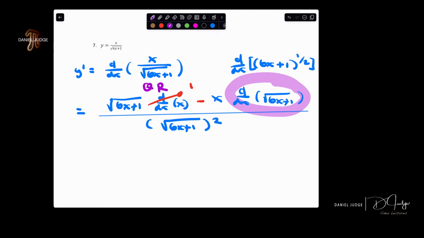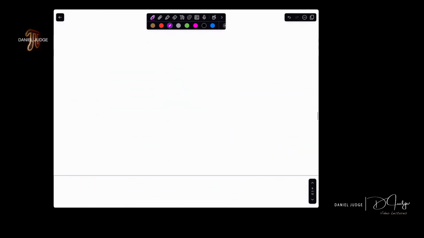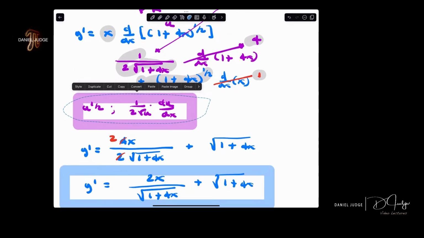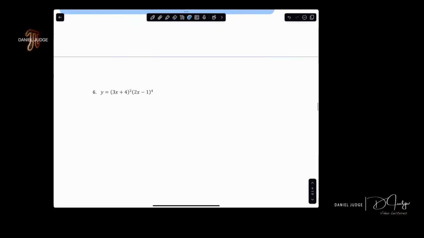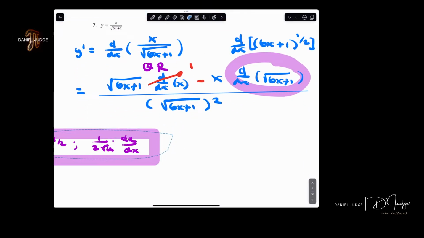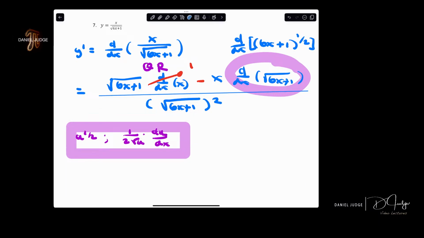All right. Go back and remember what we did here, right? There's a formula for taking that derivative here, and it's a really handy formula for you guys to know. This is why I'm bringing it down and why I'm emphasizing it, right? Because you have, this is u to the 1/2.